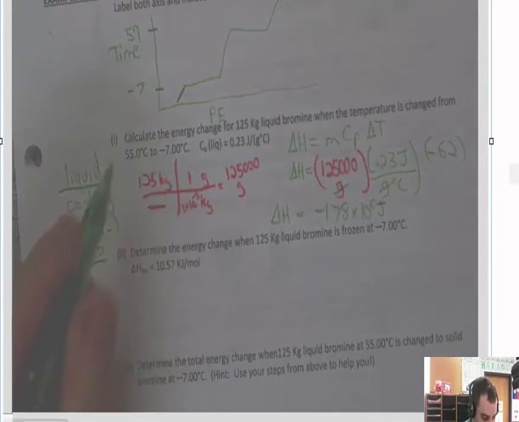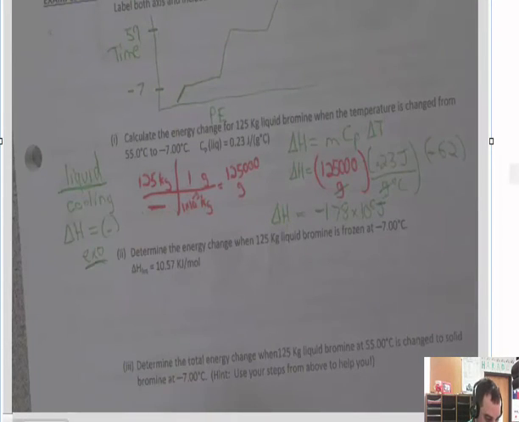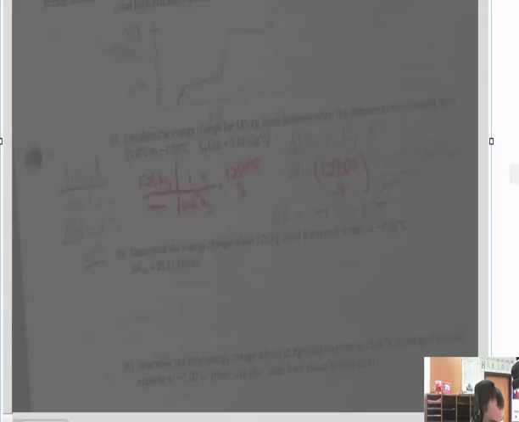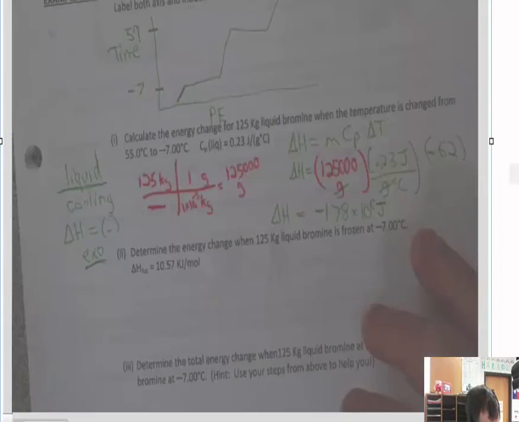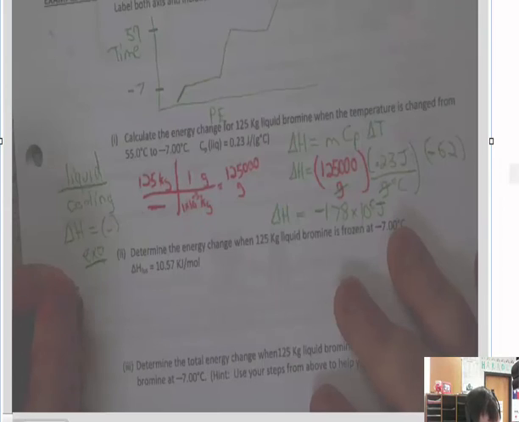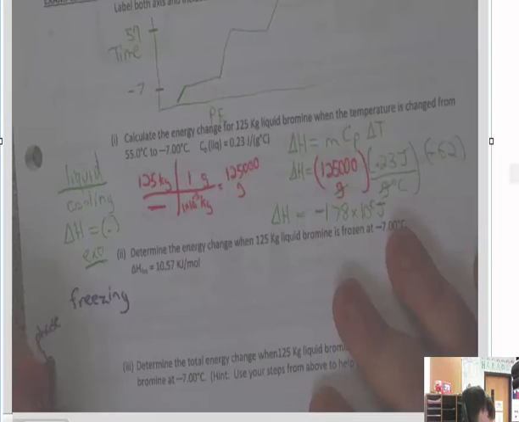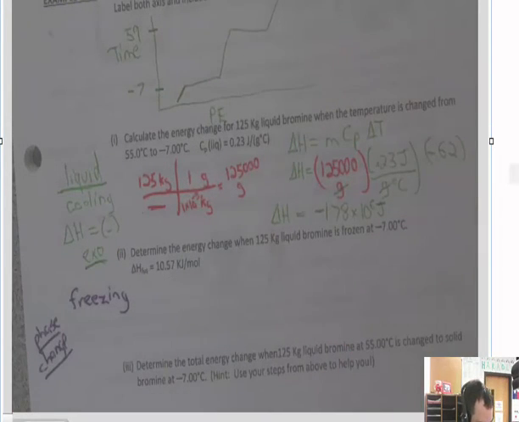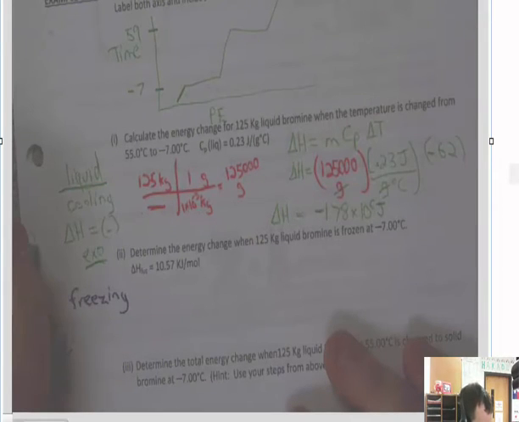That was part 1. Part 2. Determine the energy change when 125 kilograms of liquid bromine is frozen at -7 degrees. Here we're doing freezing. Freezing is a phase change, as opposed to this liquid cooling, that's just a phase.